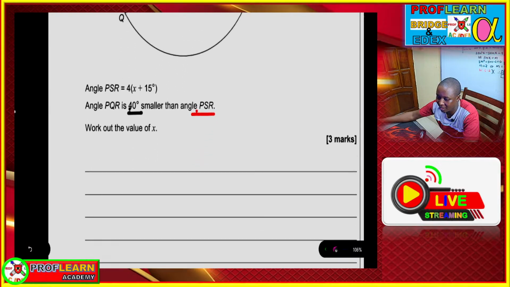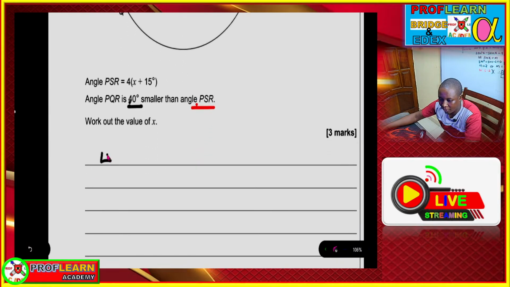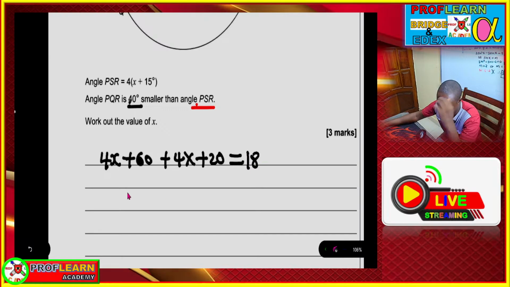Sorry for that, guys. So this is going to be 4x plus 60 plus 4x plus 20 must give us 180. So it will be 8x plus 80 is equals to 180. Guys, that was an international crisis.